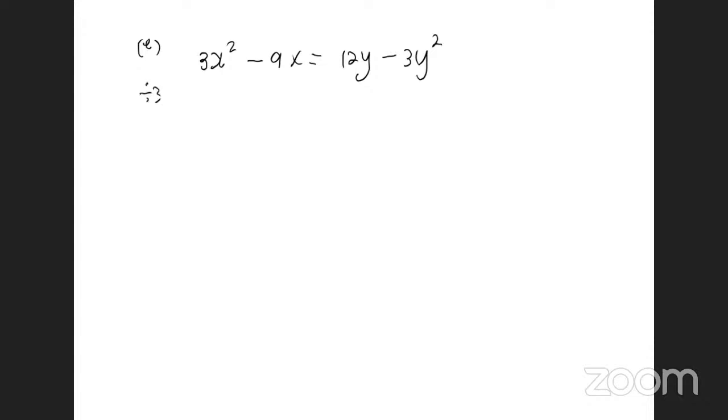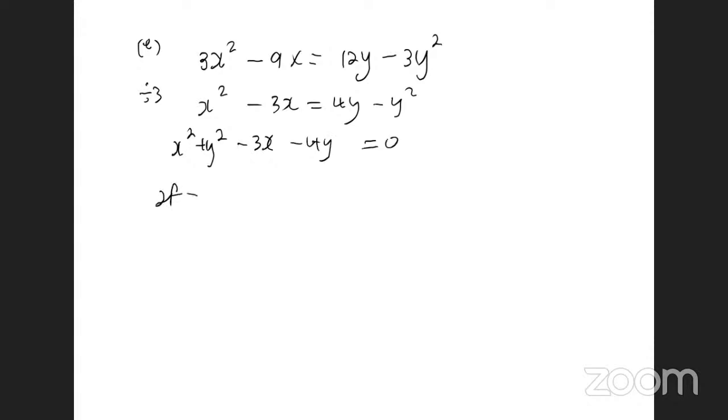I'll do that. So you'll get x squared minus 3x is equal to 4y minus y squared. Bring everything on the left side. I'll get x squared plus y squared minus 3x minus 4y is 0. So 2f is minus 3. Therefore, f is minus 3 on 2. And 2g is minus 4. So therefore, g is minus 2.